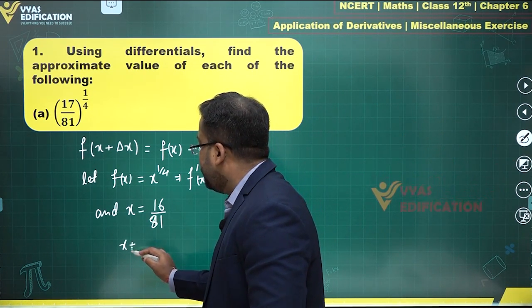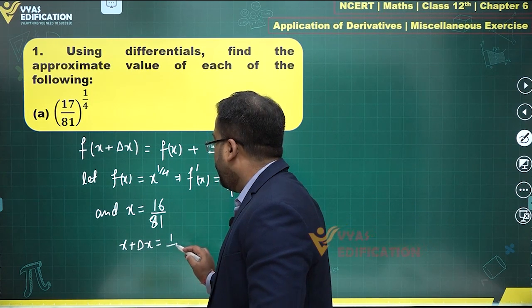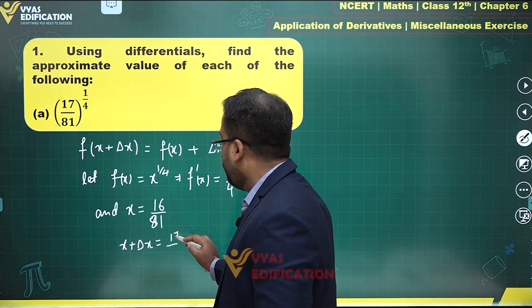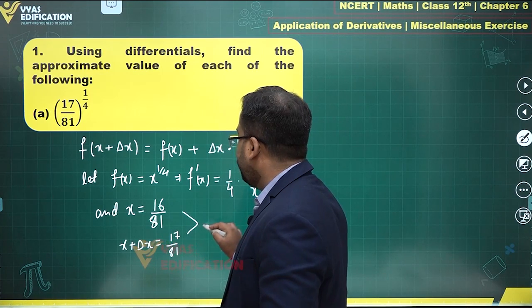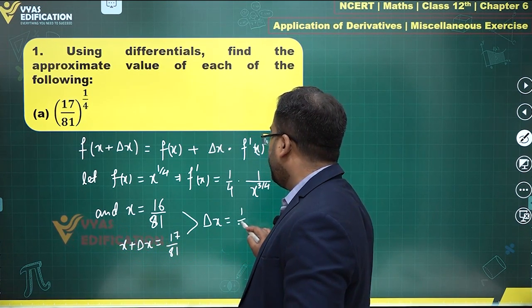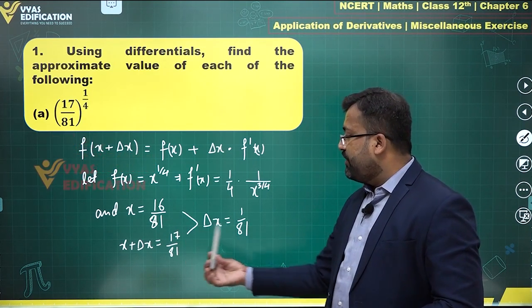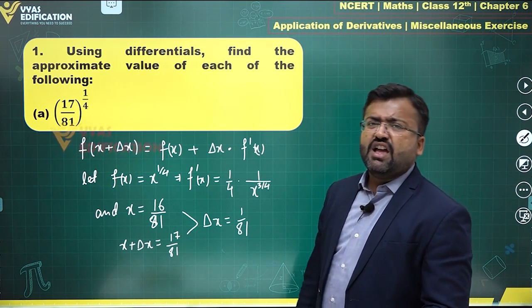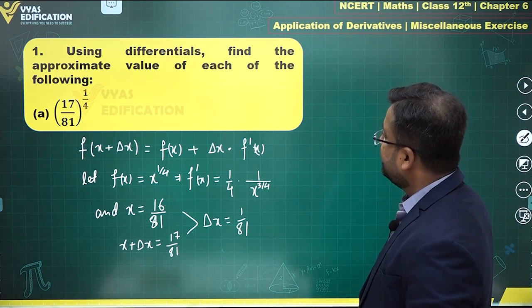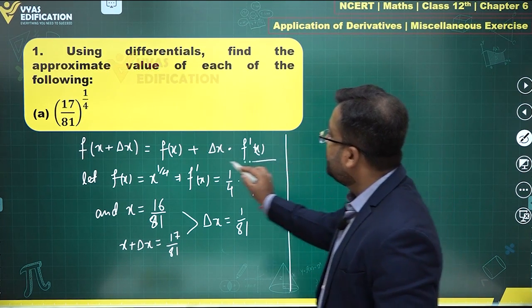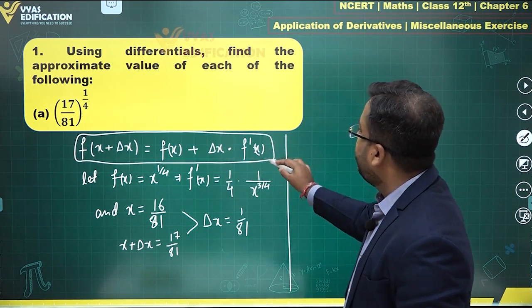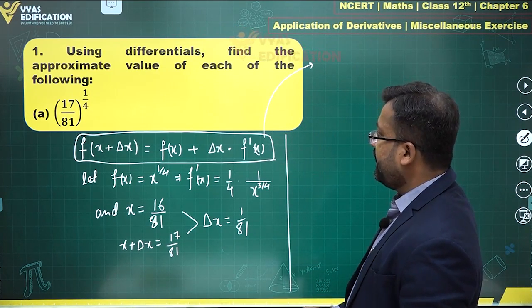And x plus delta x will be equal to 17 over 81. The difference, that is delta x, will be simply 1 upon 81. Now as compared to 16 upon 81, 1 upon 81 is pretty small, and we can approximate using this idea.